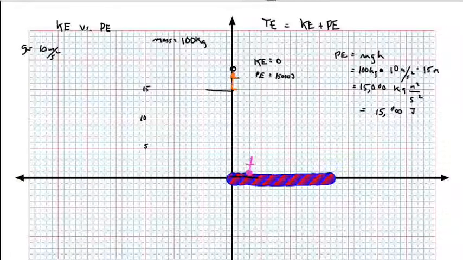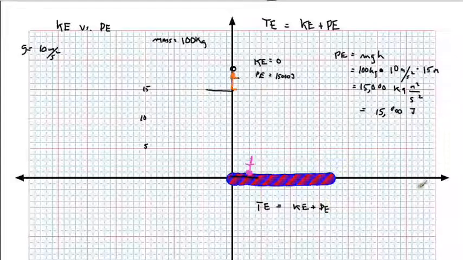Now, we know that his total energy, again, total energy is still equal to kinetic energy plus potential energy.